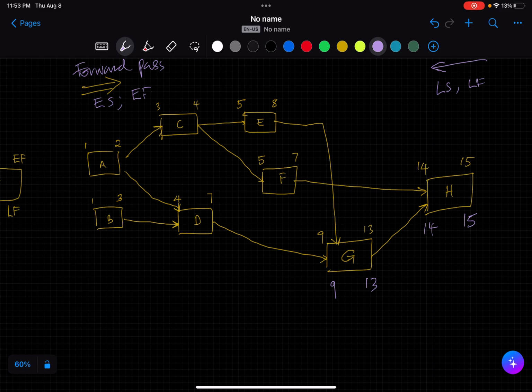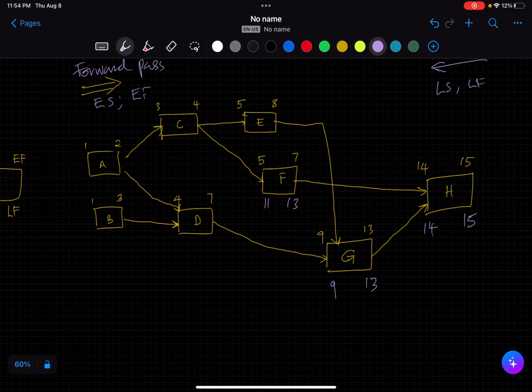For F, similarly, we'll take a step back. It means that F, the latest it can finish without impacting the late start of H will be what? Yes, it will be 13. And when you factor in the duration this will be 11. So the late finish for F is 13. Late start for F is 11.